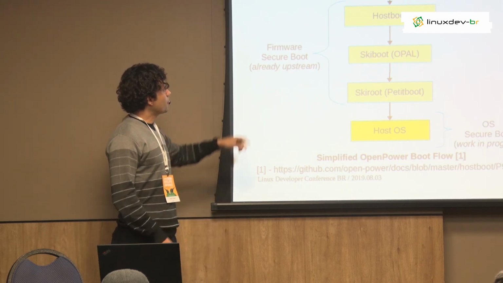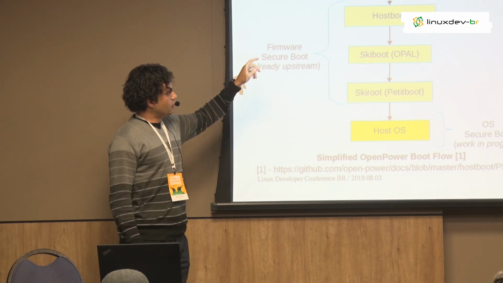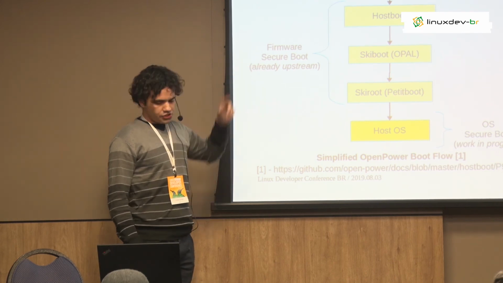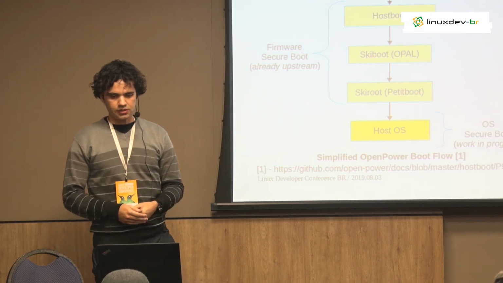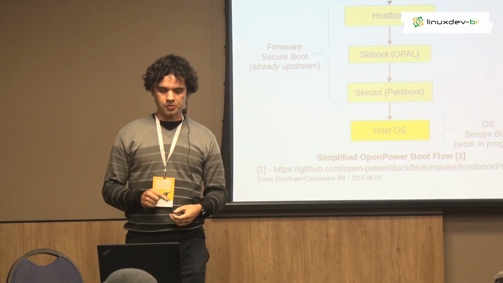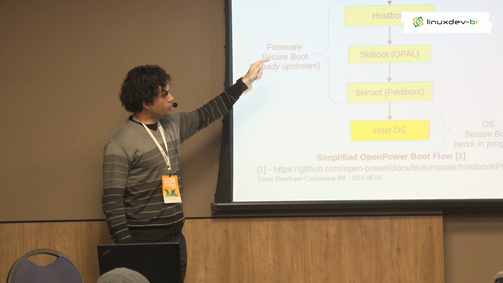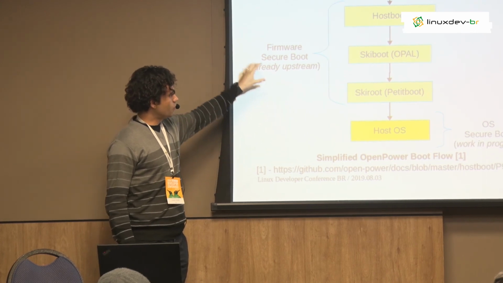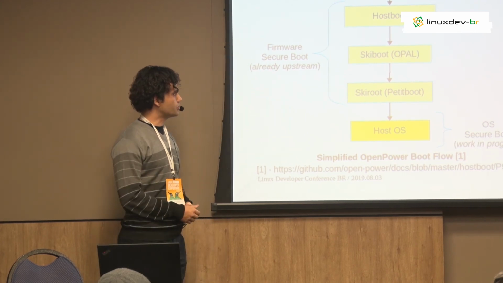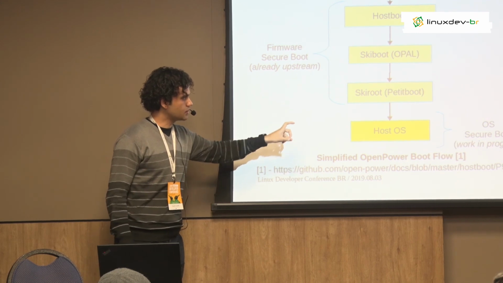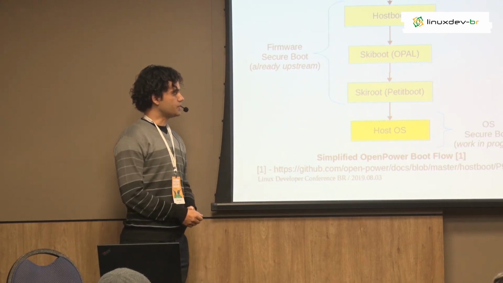As you can see here, the self-boot engine is the first thing that starts when we power on the system. And from host boot to secure root, we call it firmware secure boot, and the OS, we call it OS secure boot.